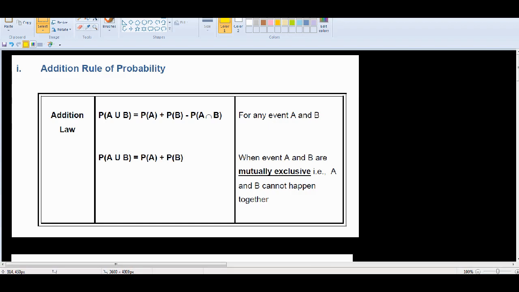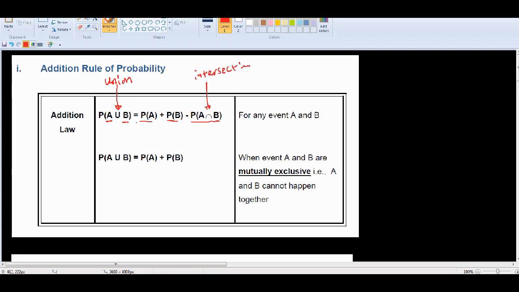Okay, so let's see what we mean by the addition rule. Addition rule means if there are two events, so the union of two events, okay, this is what we call union. Still remember union? The probability of the union of two events equals their respective probabilities, and then you take away the probability of their intersection.